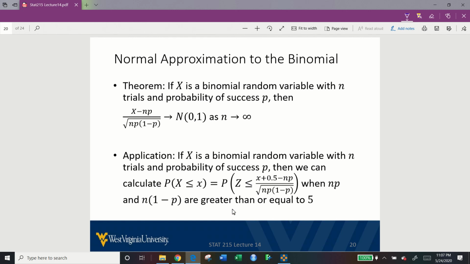You may be wondering what this 0.5 is and why we added that in. That's a continuity correction. It's beyond the scope of this course, but if you're curious, you're more than welcome to Google it. You don't actually need to understand why that 0.5 is in there for this course.